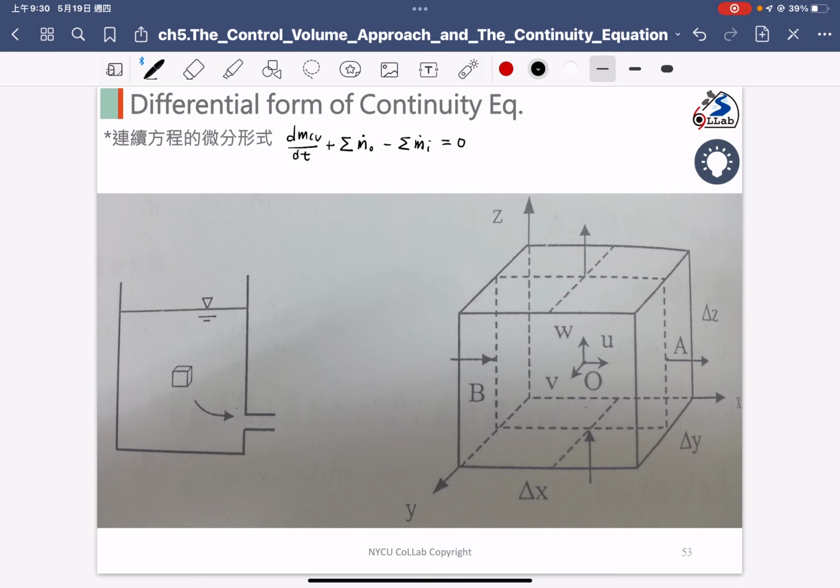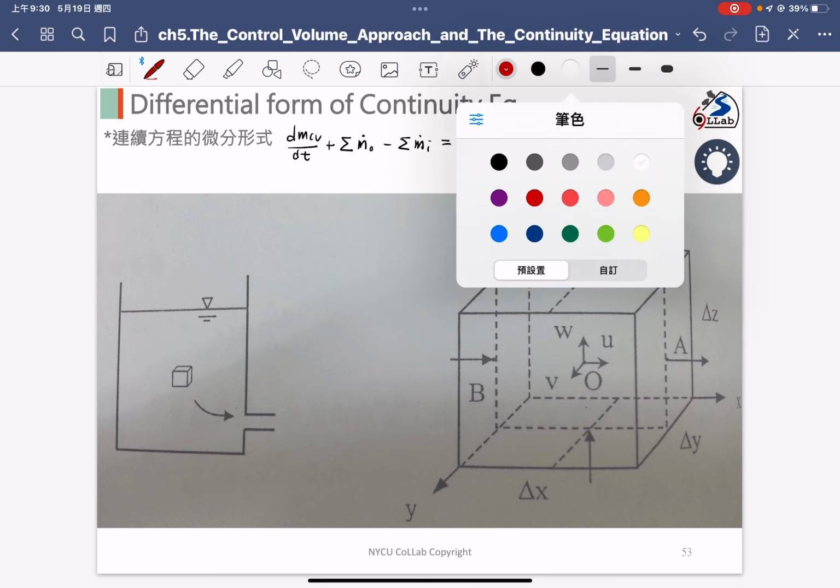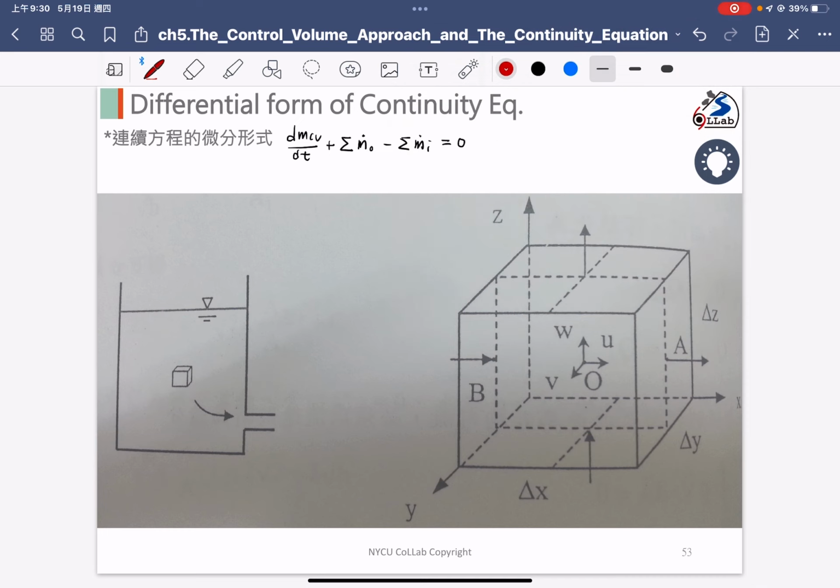So right now we are looking at the target change to the small fluid particle. Okay, so our target is the small fluid particle.